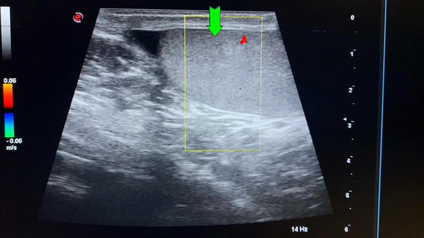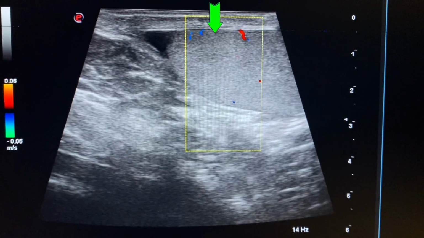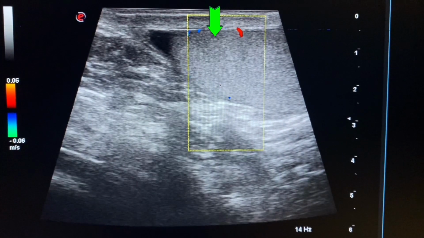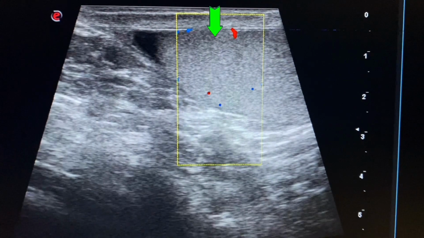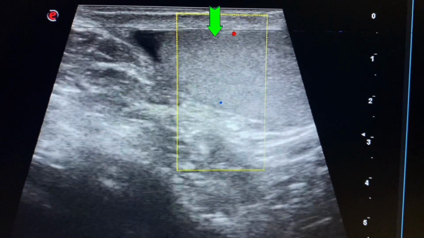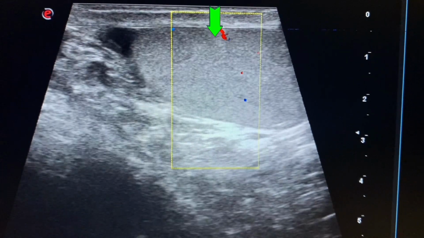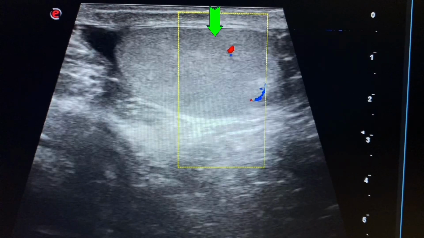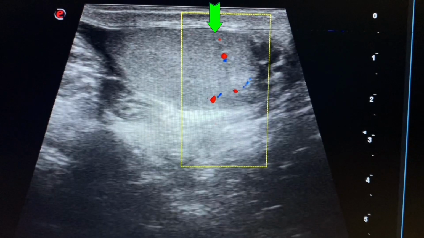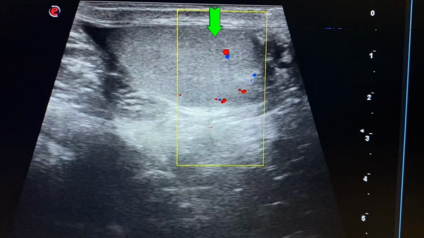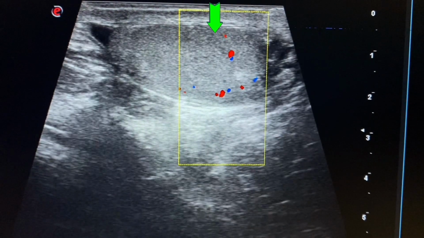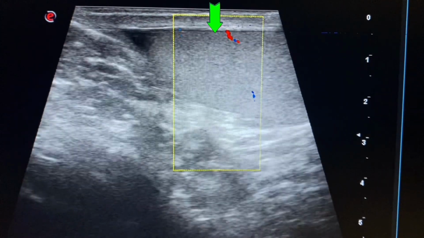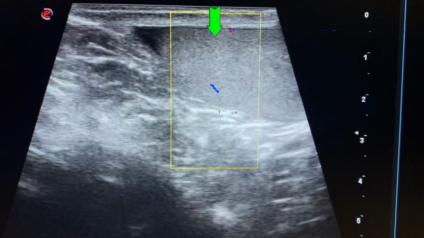When it is normal, minimal flow is seen in the testis. Now here we see that the blood flow in the testis is increased in all slides.